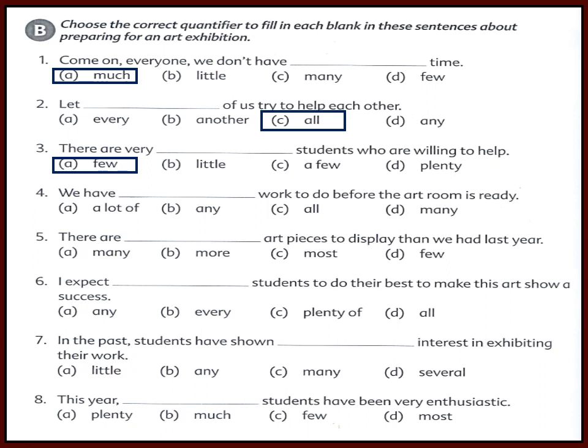First of all, any is absolutely wrong because we use it in negative sentences. All work to do, leave that. A lot of work to do, leave that. Many we cannot use because we use many with count nouns, and work is not a count noun. Now you will decide either a lot of work to do or all work to do.